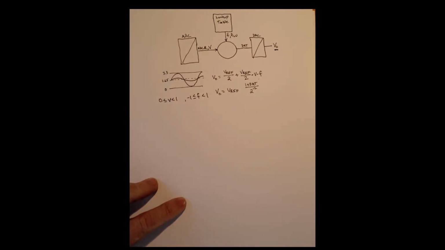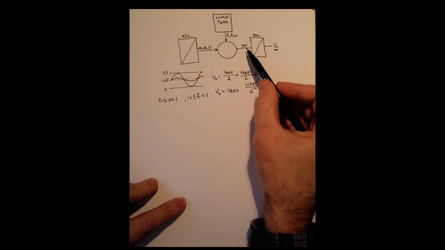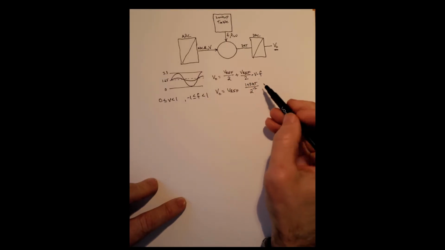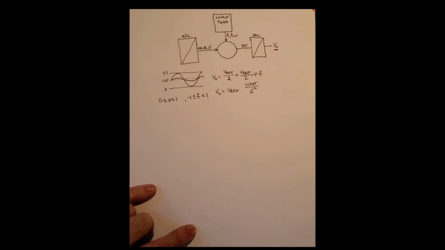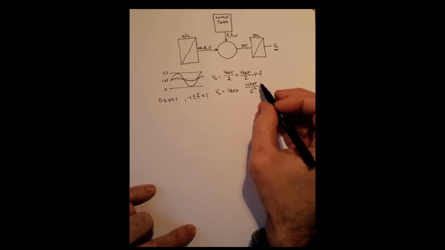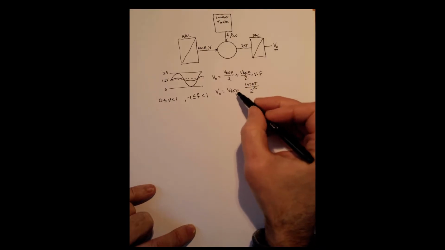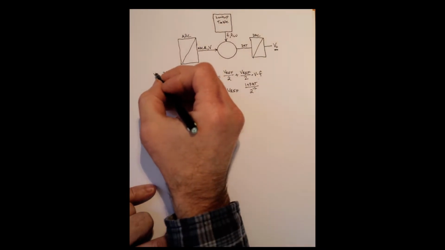Okay? So if the value we write here is 0, then the output's 0. If the value we write here is the maximum value of a 12-bit number, we add 1, we end up with 2 to the 12, divided by 2 to the 12, so we get Vref, which is this peak, right? Vref is up here.